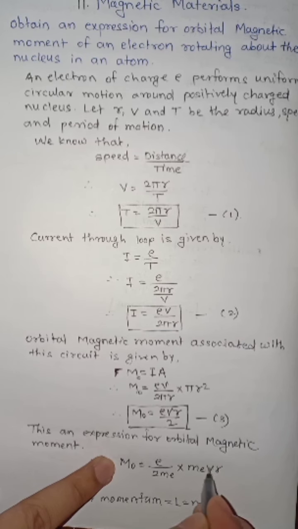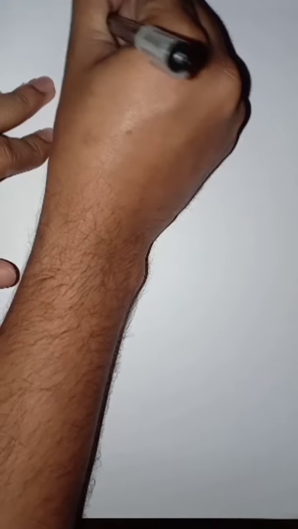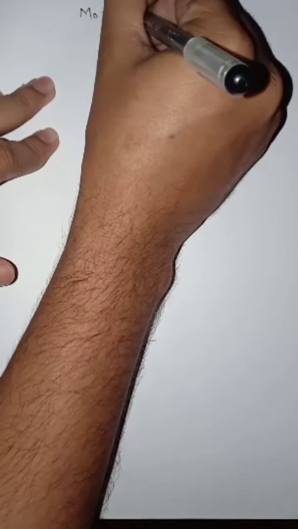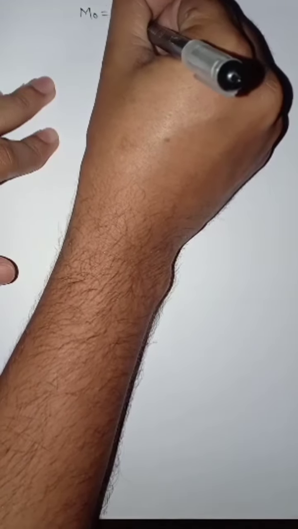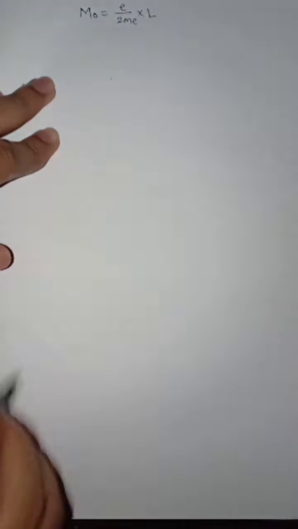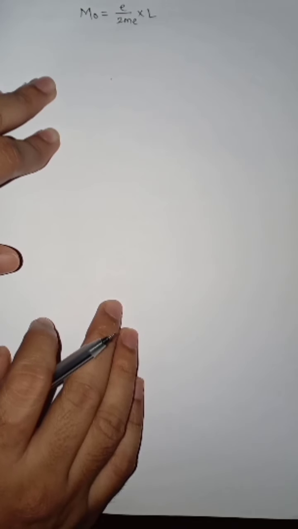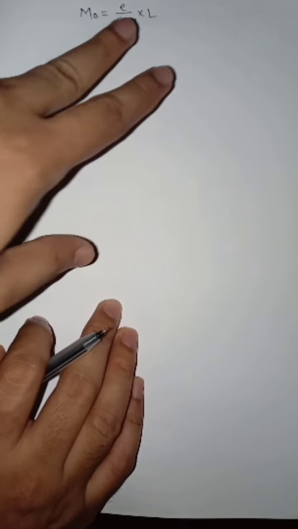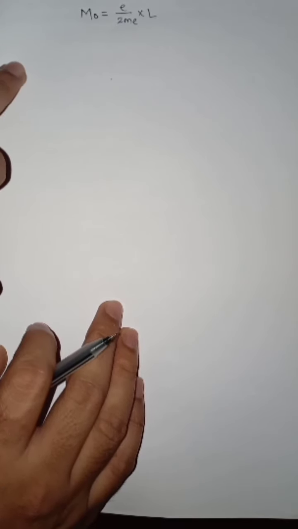So instead of this formula we write L. Thus we get m0 is equal to e upon 2 m e into L. So this is a relation between orbital magnetic moment and angular momentum.